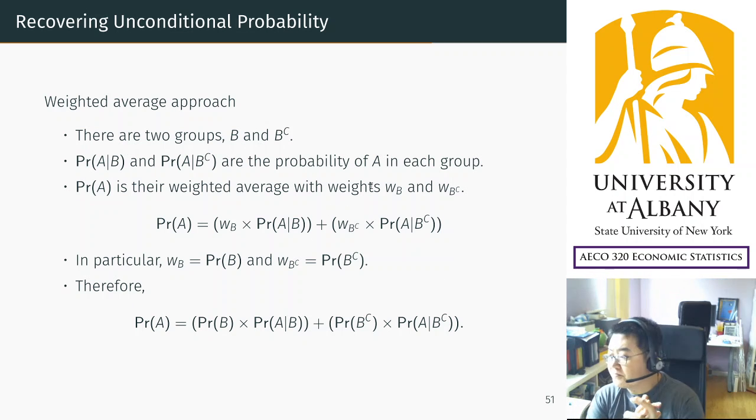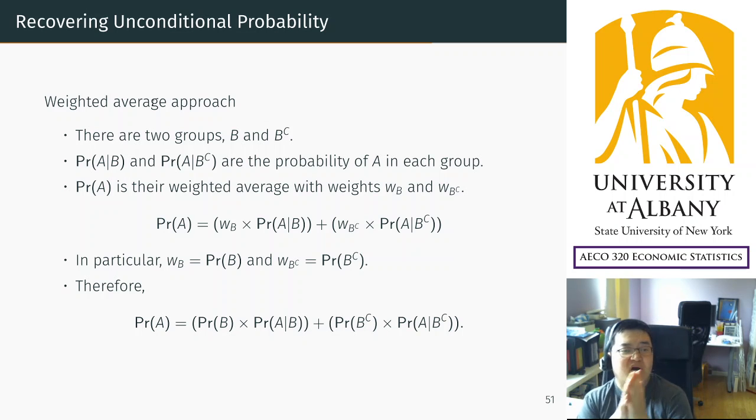Another way to understand this rule is that you may understand it as a weighted average. So imagine this. We are looking for the overall probability of defective batteries. Among batteries, there are two different types, domestic ones and imported ones.